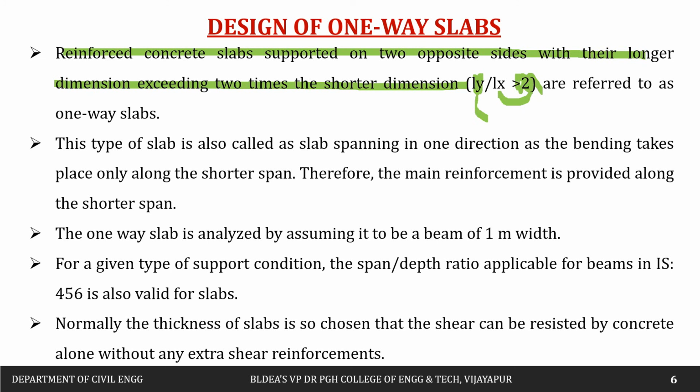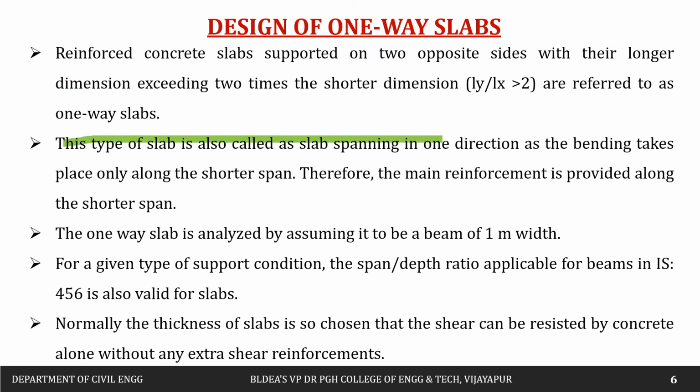That means if the longer dimension exceeds two times the shorter dimension, then we can call it a one-way slab. This type of slab is also called a slab spanning in one direction, as the bending takes place only along the shorter span. So therefore we place the main reinforcement along the shorter span.